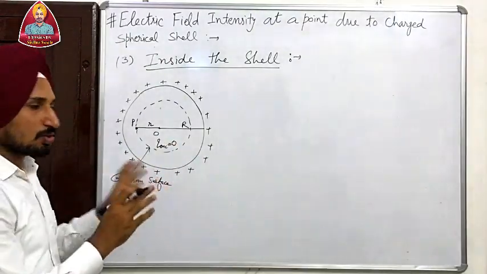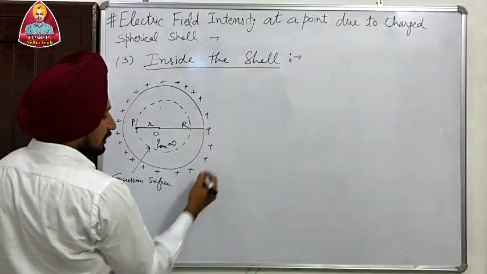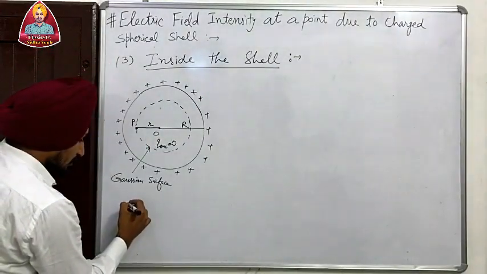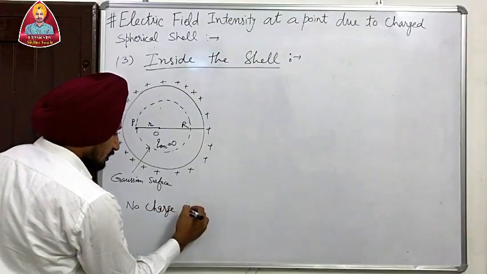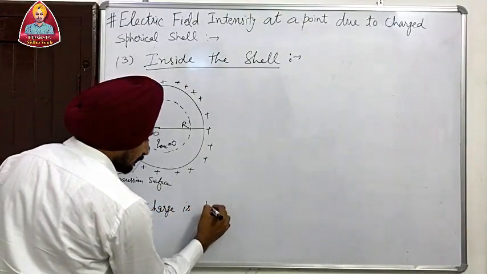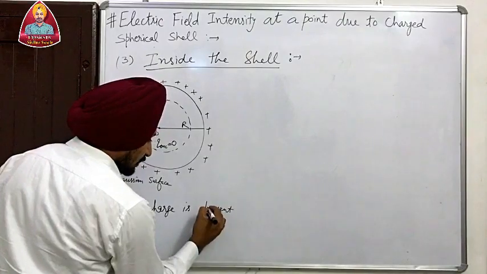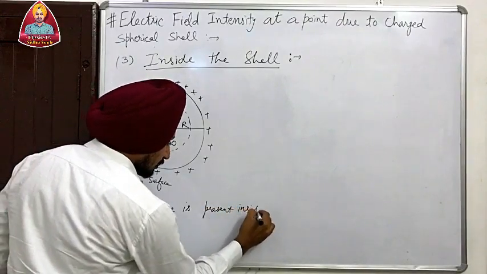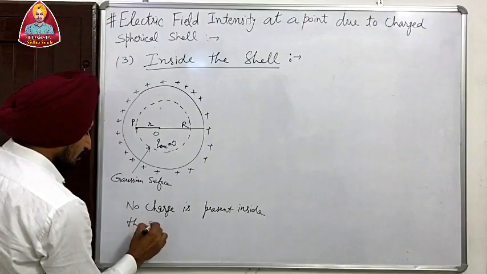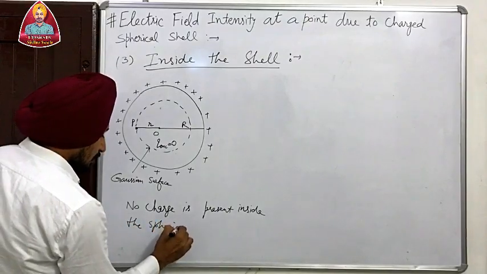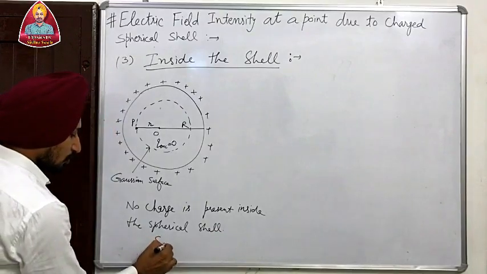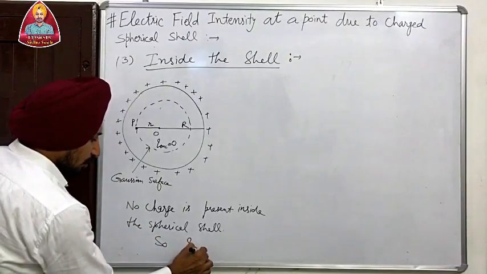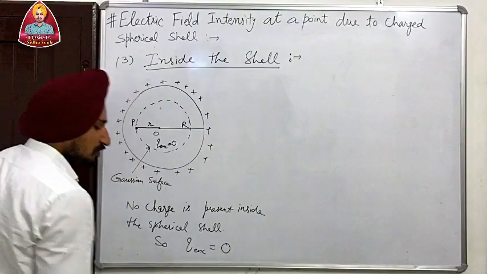We can write here: no charge is present inside the spherical shell. So the charge enclosed by the Gaussian surface is zero.